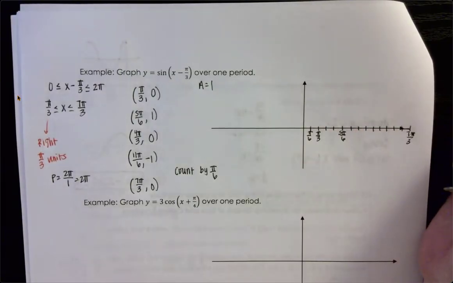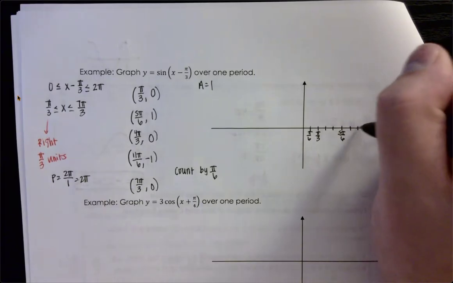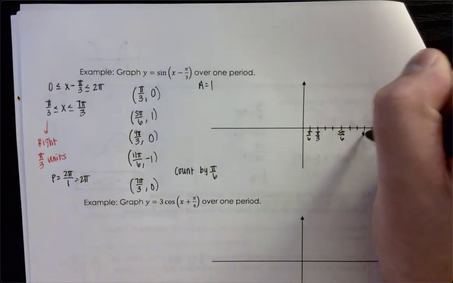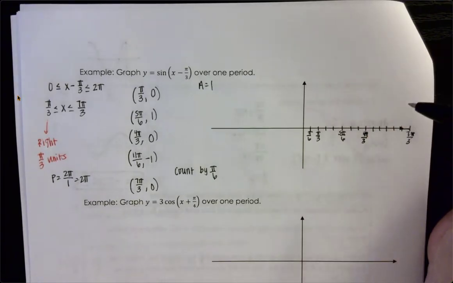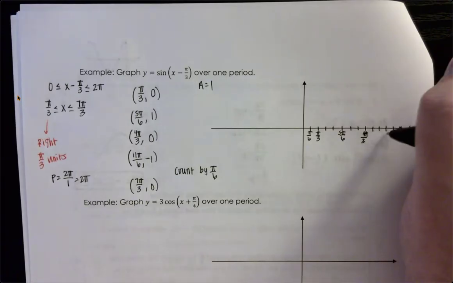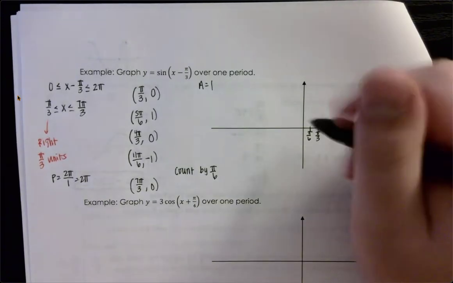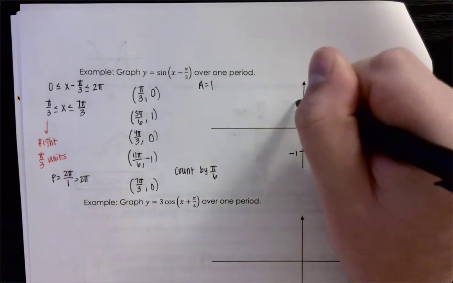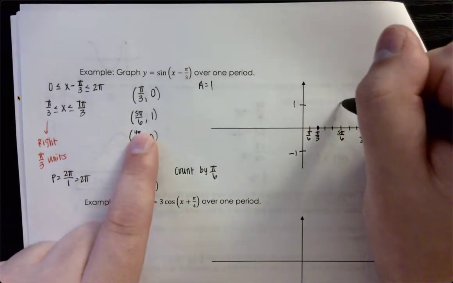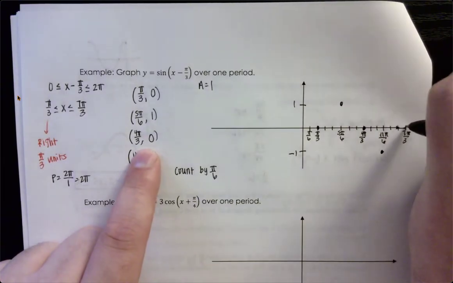I'm just going to label the key points I need. See, 4 pi over 3. Okay, so we have pi over 3, 0. 5 pi over 6 is at 1. 4 pi over 3, 0. -1, 0.